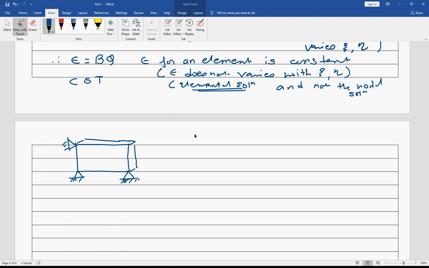Okay, fix it. Now let us say if I go with the two triangular mesh, so this is my element 1 and this is my element 2.